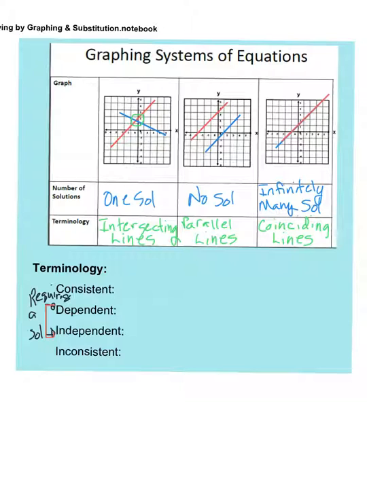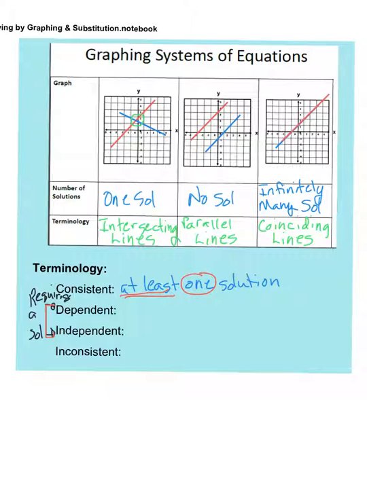If a system is consistent, it means it has at least one solution. The key word here is at least one solution.